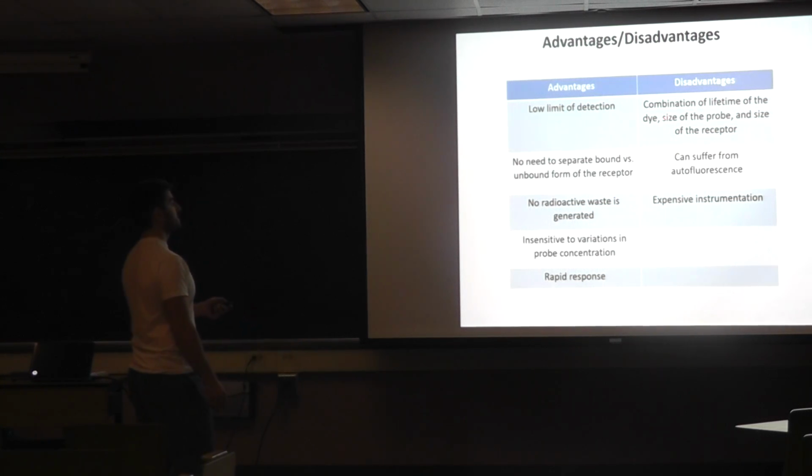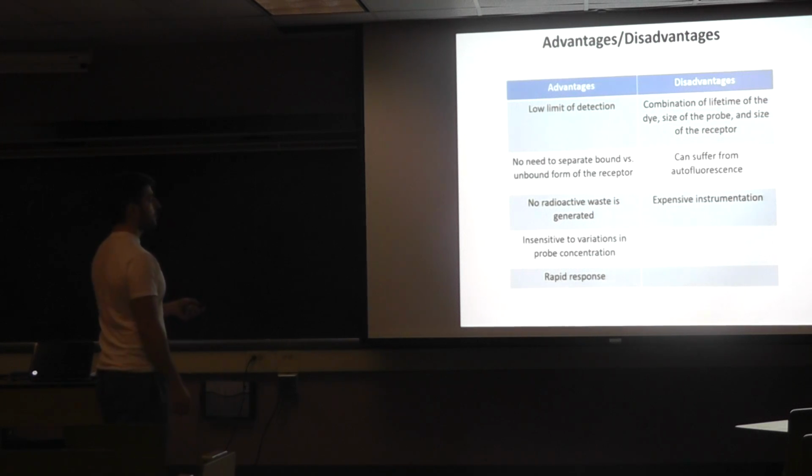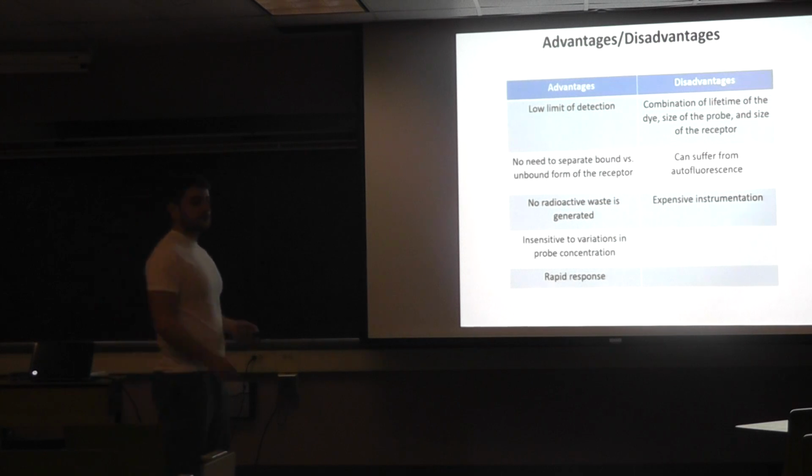And some of the disadvantages is the combination of lifetime of the dye, size of the probe, and size of the receptor matters. So in some cases, you just cannot do it. If you're doing protein-protein interactions and they're similar size, it's probably going to be difficult to do.